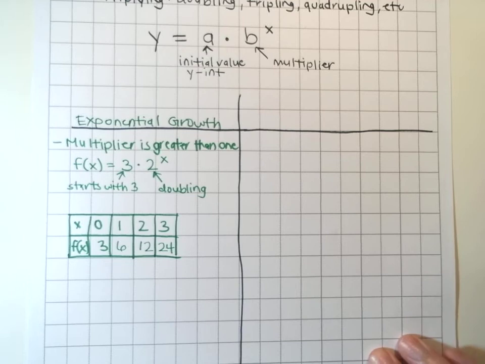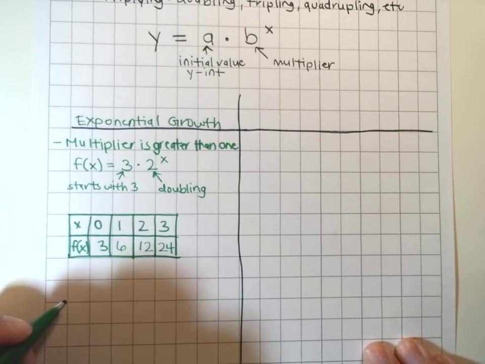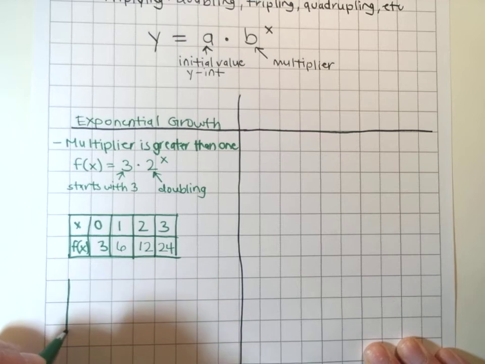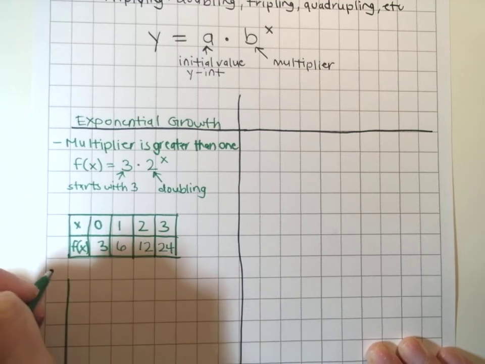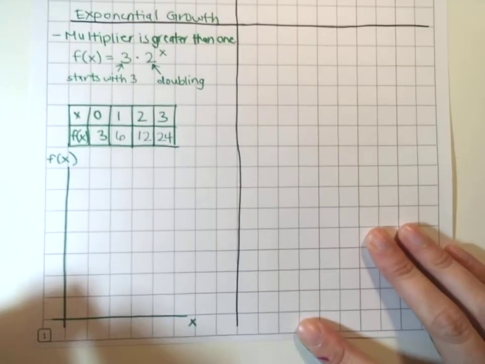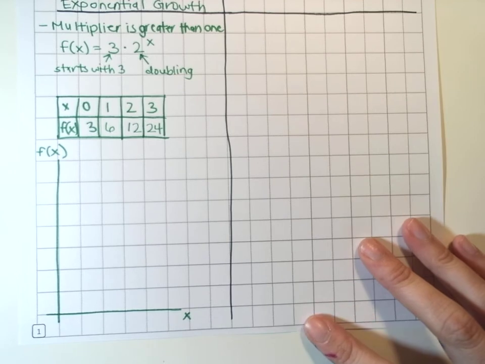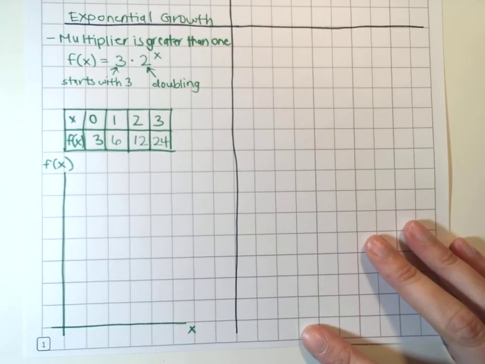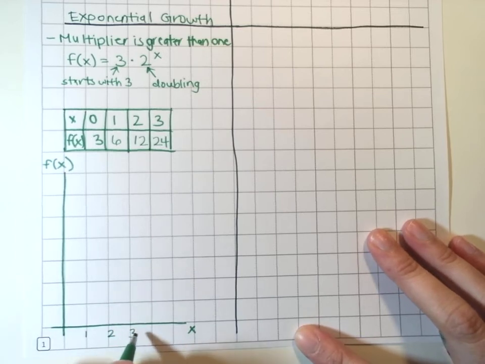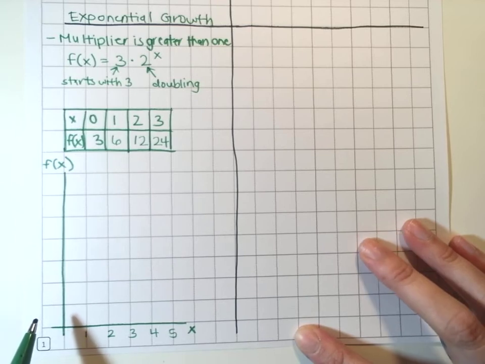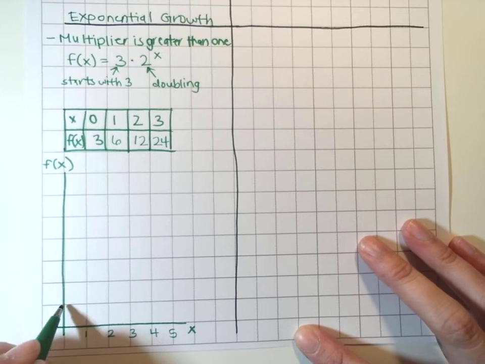And then once we have the table, we would just sketch our graph. X and f of x. And we're going to label the x-axis by 1s. And then we're going to label our y-axis, or f of x, by 4s.